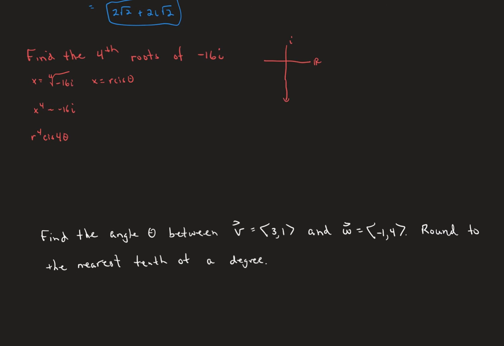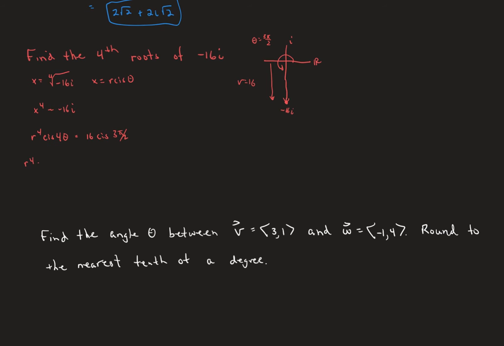So negative 16i is going to be down here. The distance r from the pole is going to be 16. We want r to be positive. The angle it takes to get there is going to be 3 pi over 2. So this is 16 cis 3 pi over 2.